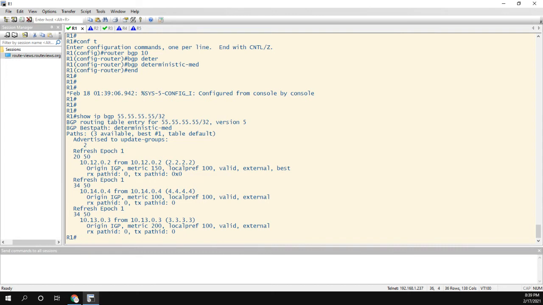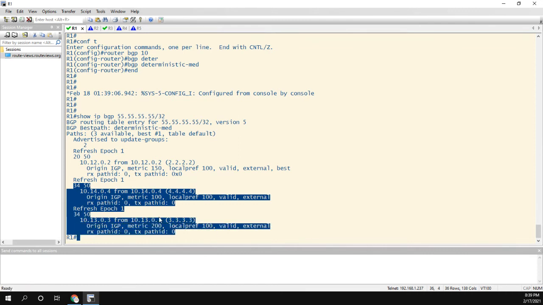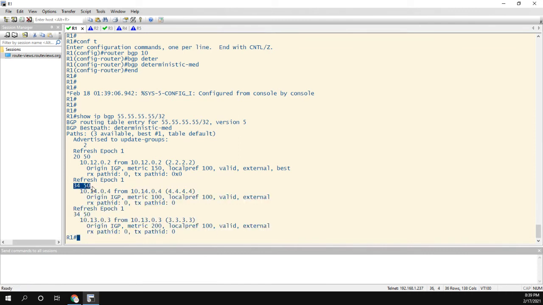Well, what BGP Deterministic MED does is it actually orders the routes, it puts them in groups. So it groups together these 2 routes because they have the same AS path information. Then it has a second group, which is this one, which also has, there's only one route there, but it's because of the AS path information.